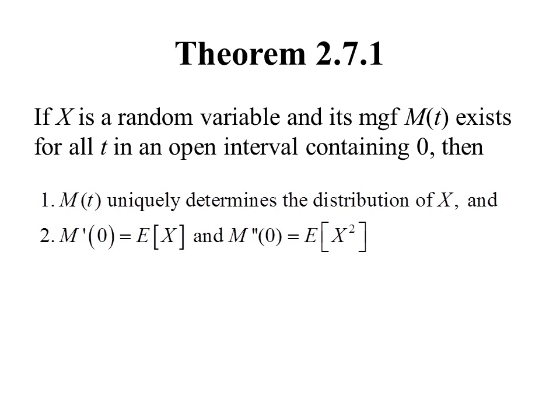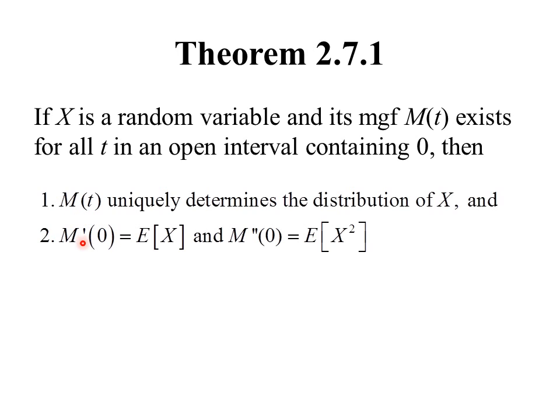And then the second thing this theorem tells us is two things. Number one, the first derivative of the moment generating function evaluated at 0 is equal to the expected value of X. Now this derivative means the derivative with respect to t.